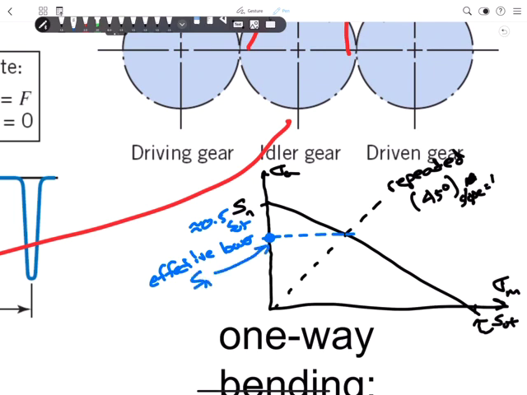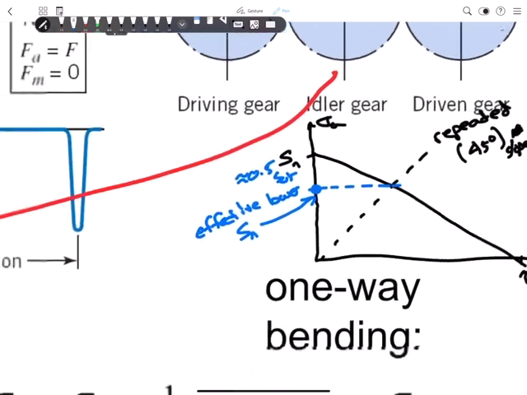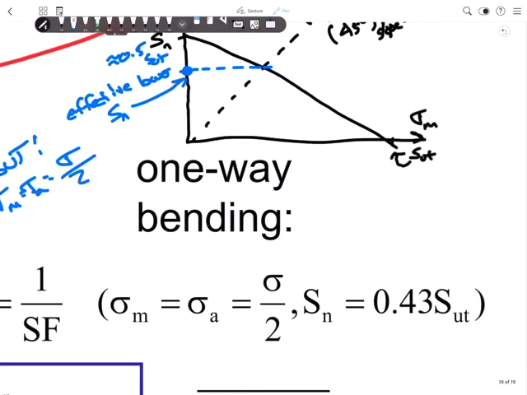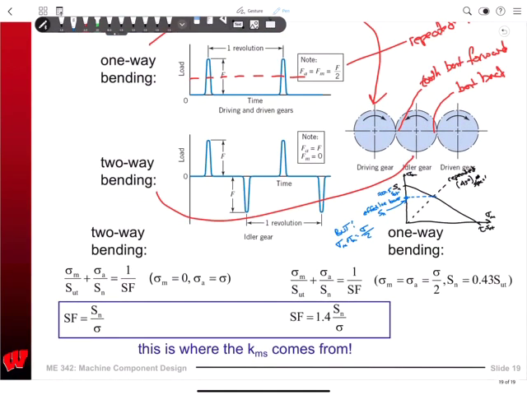There, right? But sigma M equals sigma A, which equals sigma over 2, right? So it's only half the stress. If you go through and do all the algebra, we discover that it works out to be about 0.43.